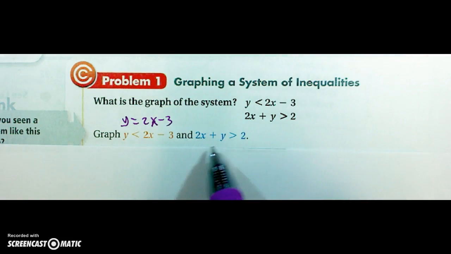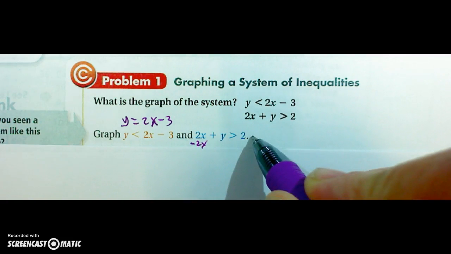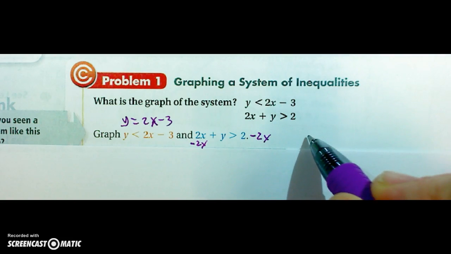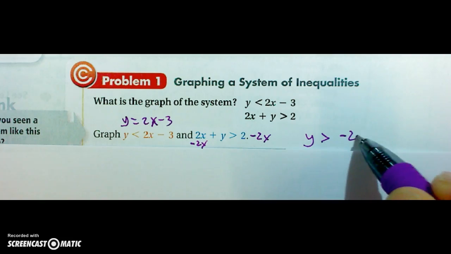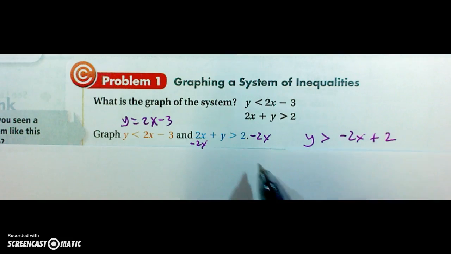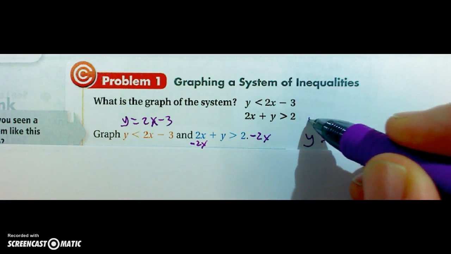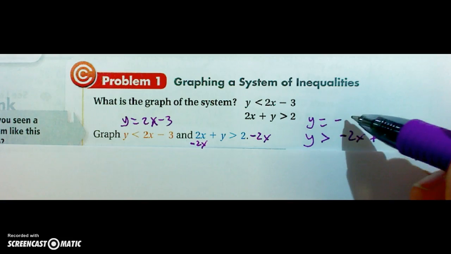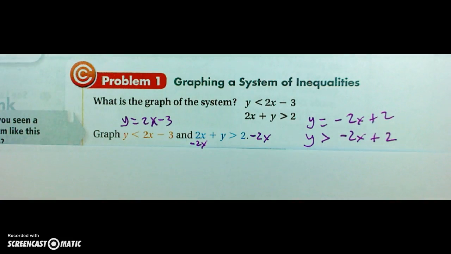But for this one we need to subtract 2x from both sides to get y by itself. So y is greater than negative 2x plus 2. You notice this is a positive 2, so we put plus 2. Now it'll be easier to graph.